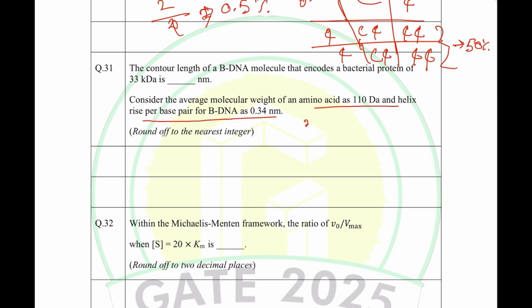So we know that 33 kilodalton is 33000 dalton. The weight of an amino acid is given as 110, so we can easily get the number of amino acids from here.